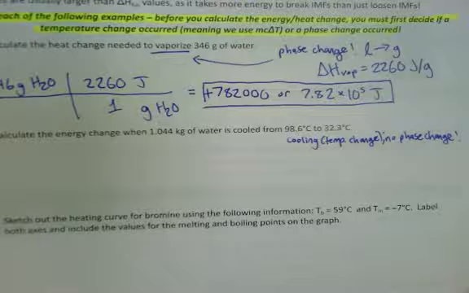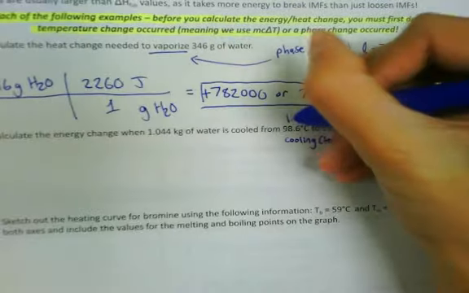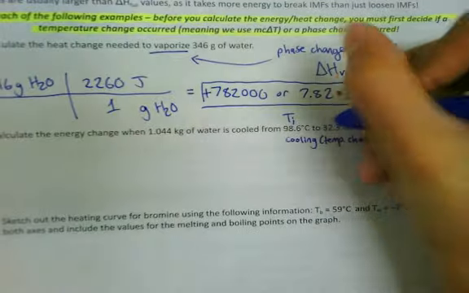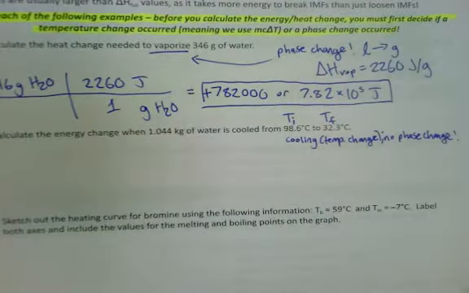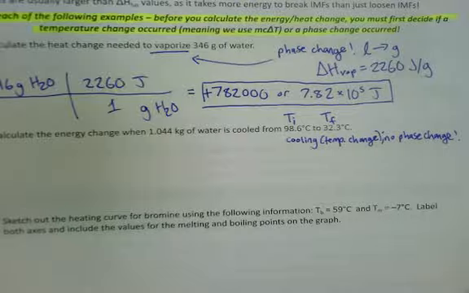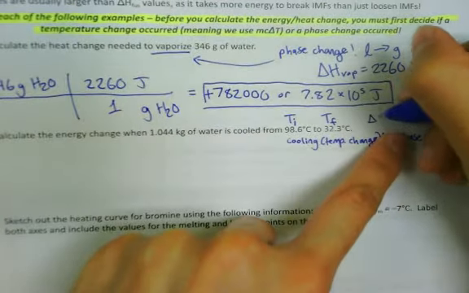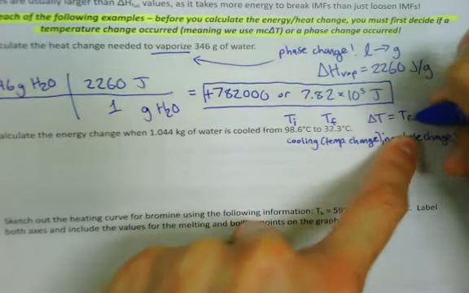And so which one is our initial temperature, y'all? 98.6, and that would leave this one as our final. So I always like to label my initial and my final because as long as I write my initial and final correctly, aka final minus initial, delta T is final minus initial.